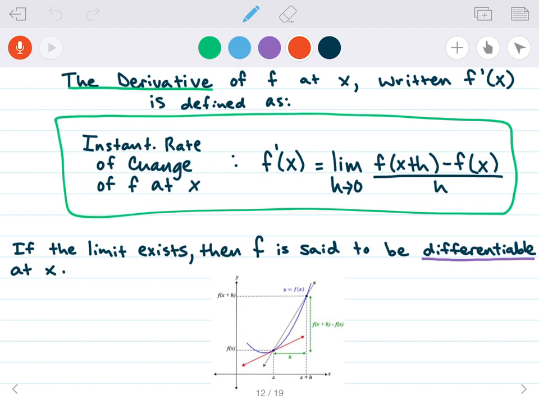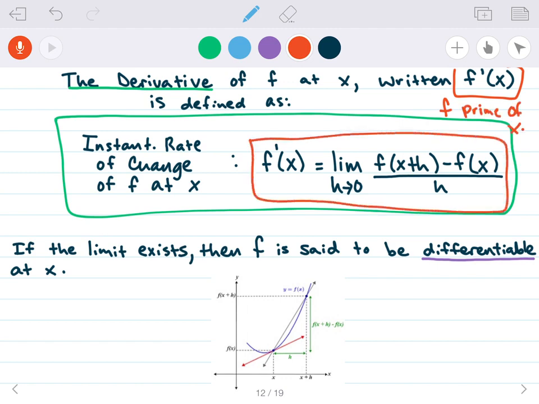The way that we write the derivative is kind of important. We say the derivative of f at a point x is written like this, and we say this is f prime of x. So f prime of x, that's how we pronounce that. It's the same thing that we had before for instantaneous velocity. It's the same exact definition, but we can use it interchangeably with f prime of x.